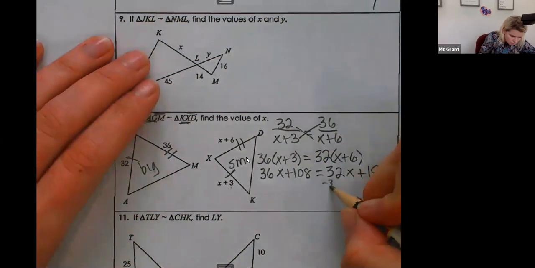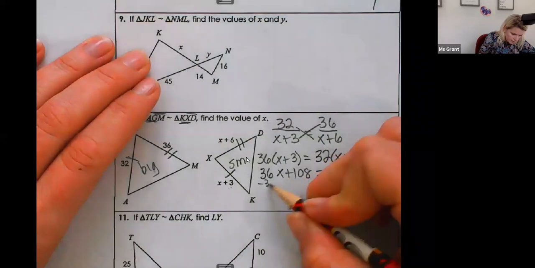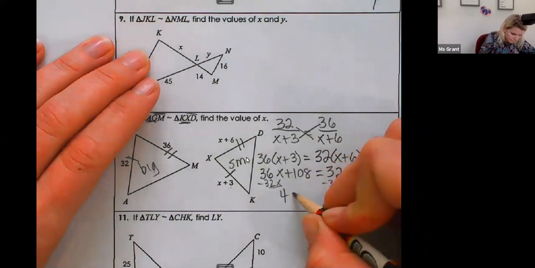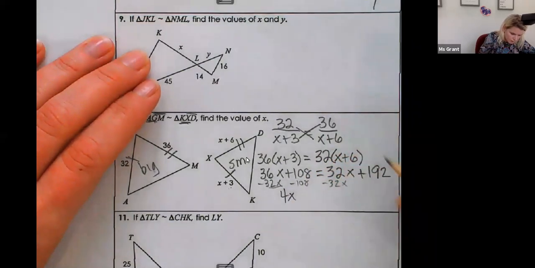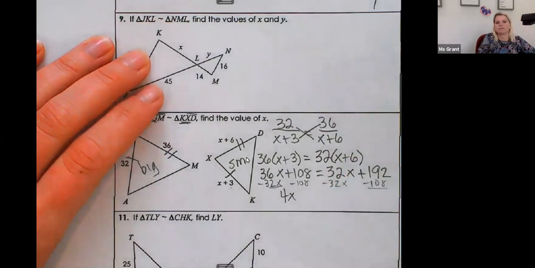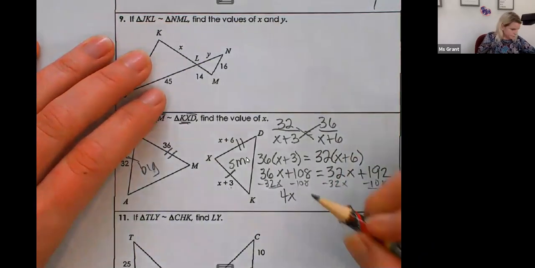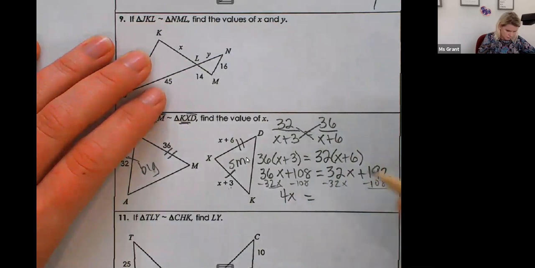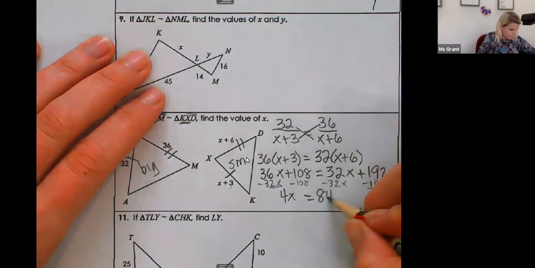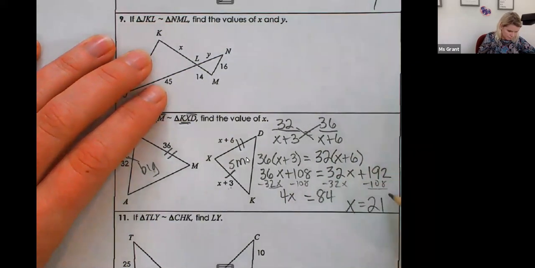Solve for x. I do 2 steps at a time, which is totally fine. 4x equals 84, x equals 21.